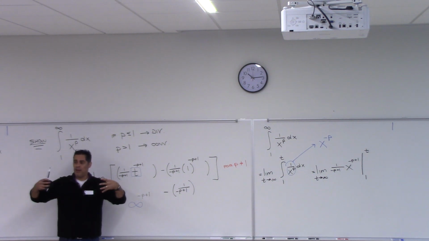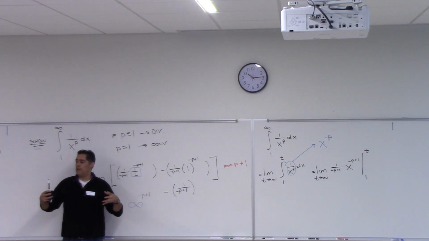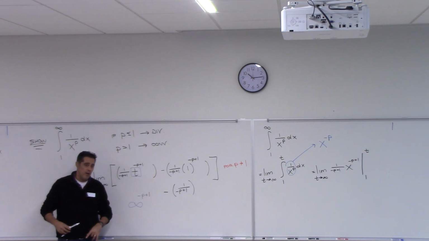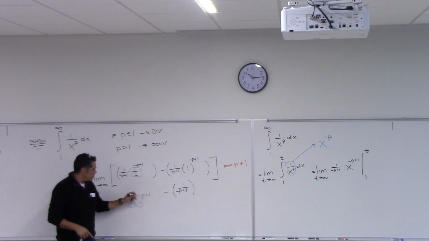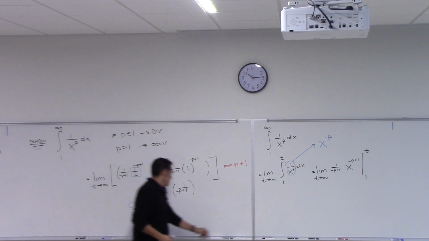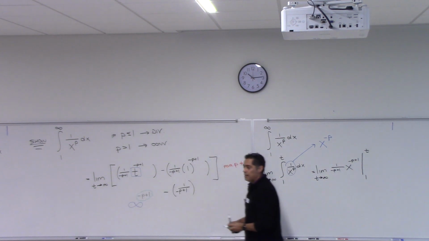It'll still be big, right? A big number to a positive power is still a big number. But what's a big number to a negative power? Getting closer to 0, right? So this depends. Doesn't this power dictate what's going to happen to this?